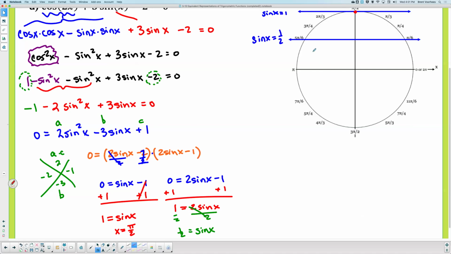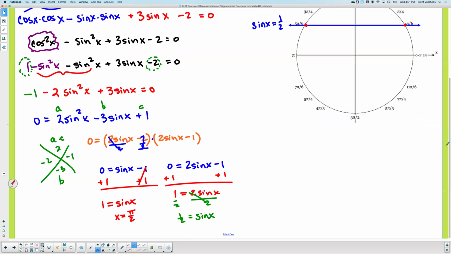Notice we have two new solutions. We have 5 pi over 6 and pi over 6. Combine them together, we have our three solutions going in order. It would be pi over 6 from 0, followed by pi over 2, followed by 5 pi over 6.